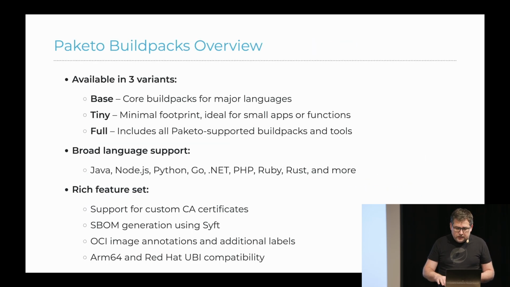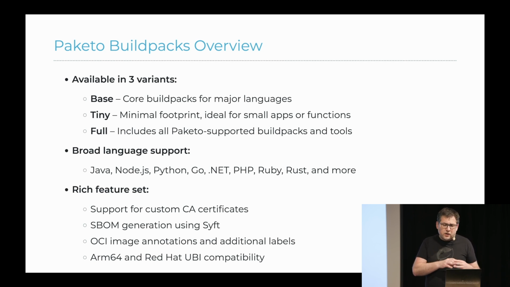So, Paketo we talked about already, and we said it's an implementation. They are available in 3 flavors. We have the base flavor, we have the tiny flavor, and we have the full flavor. In the base flavor, we get the core build packs for the major languages. So it's a little bit in the middle, right? The tiny one, there is a tiny one for Java. It has just minimal tools in there.